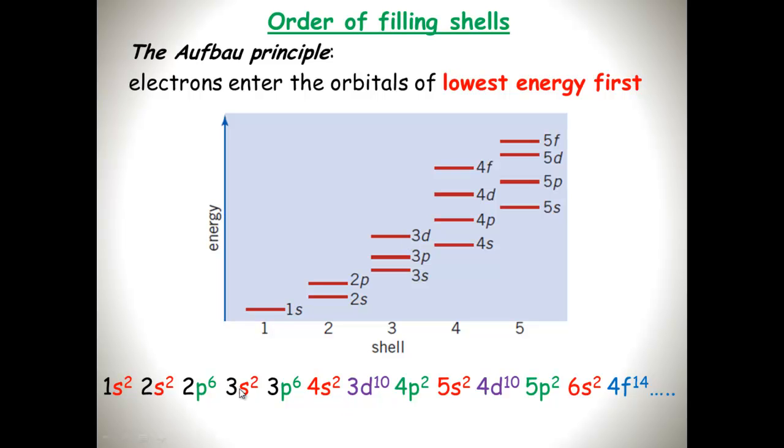And this is where I'm talking about calcium, because if you count the electrons, 2 plus 2 is 4, plus 6 is 10, plus 2 is 12, plus 6 is 18, and then you get 2 in the 4th shell, which is calcium, and then the 3rd shell starts filling up again.